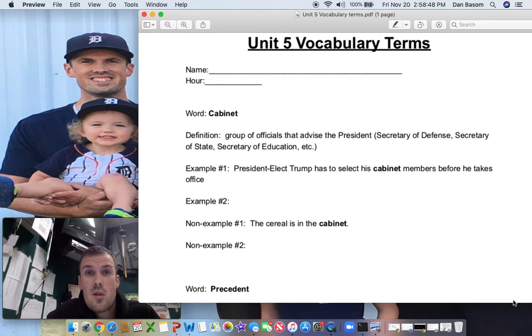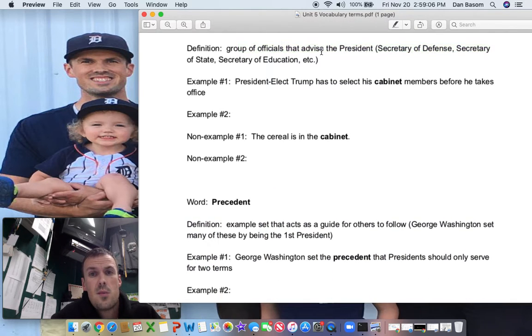If I'm going to go get a drink at my house, I would go to the cabinet. I definitely don't think that I would go to the group of officials that advise the President of the United States. They probably wouldn't know where that is in my house. But again, it's just an incorrect use of the term cabinet for this particular definition. So just be aware of that.